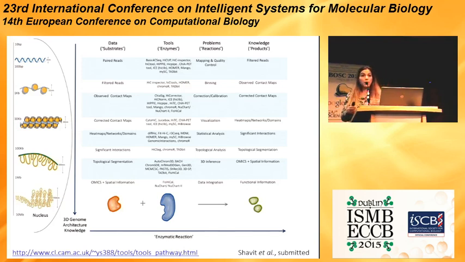So we start with paired reads, reads or chromatin fragments that were found together, and they become these contact maps that you've seen in previous presentations. Then you can do visualization and topological analysis, which you've just seen.